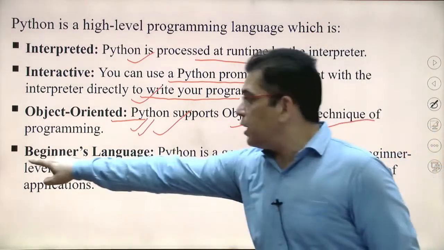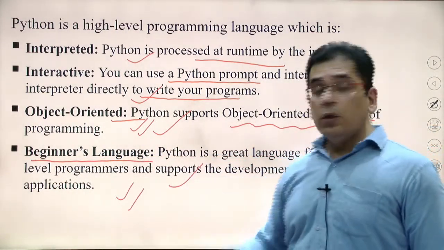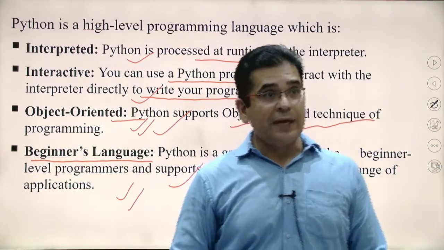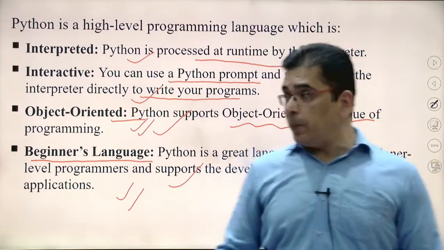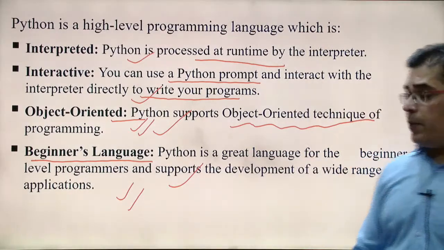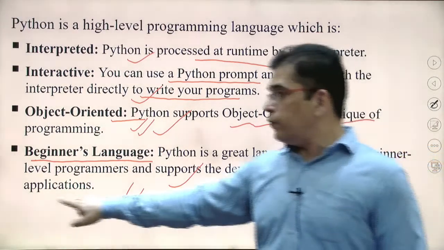It is generally called a beginner's language. This is the main point which I want to tell you. Even if you do not know the basics of any programming language like C or C++ or Java, you can start your programming with Python as well. Python is a great language for beginner level programmers and it supports the development of a wide range of applications.